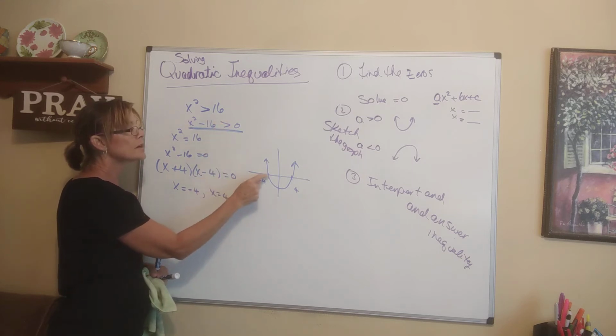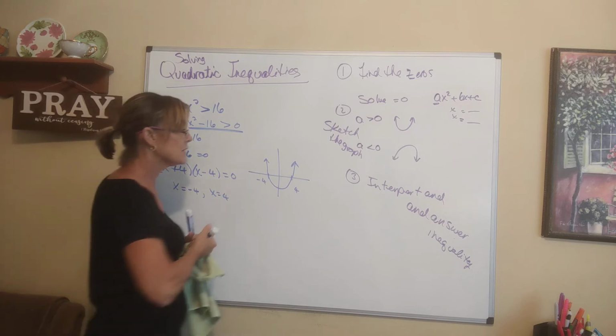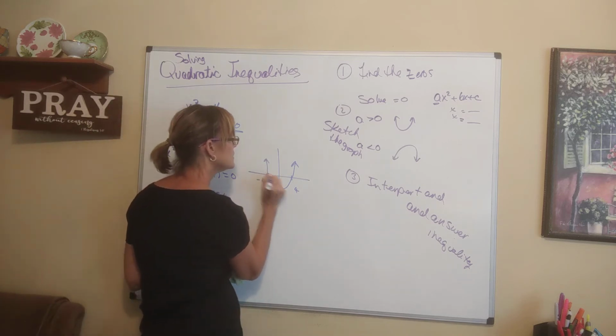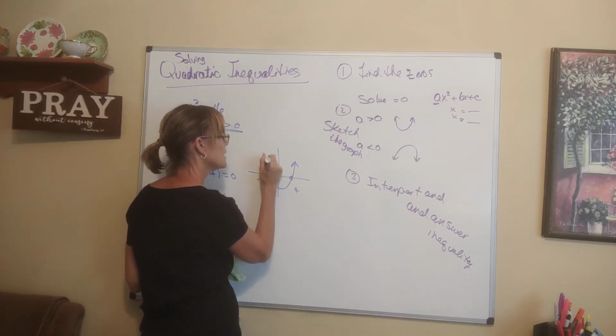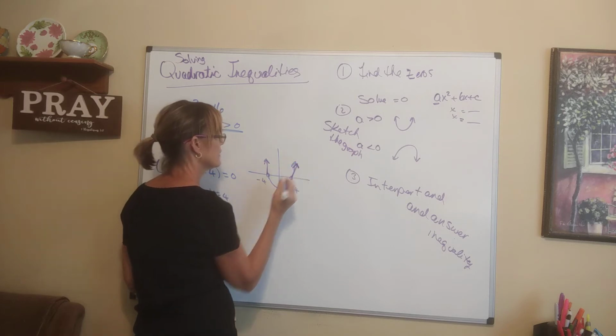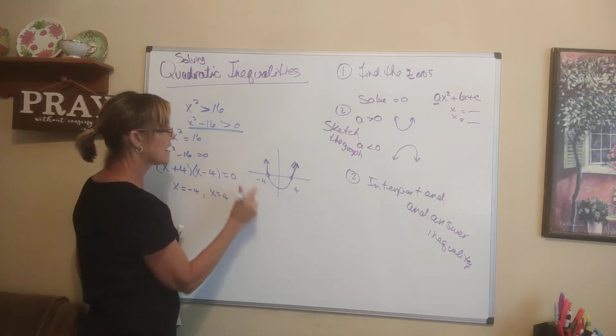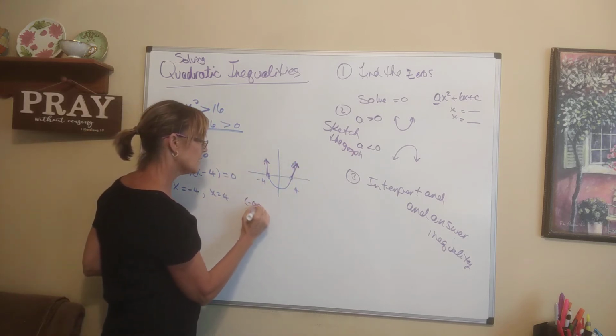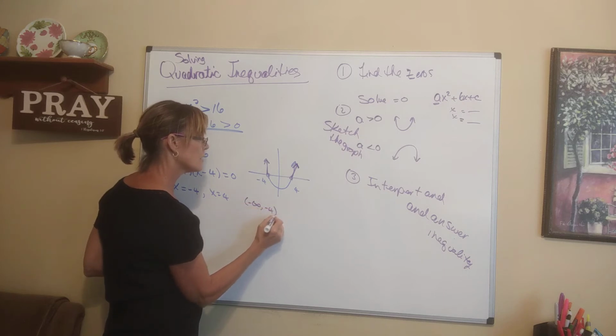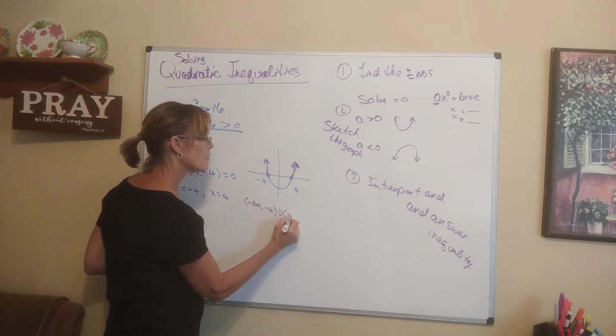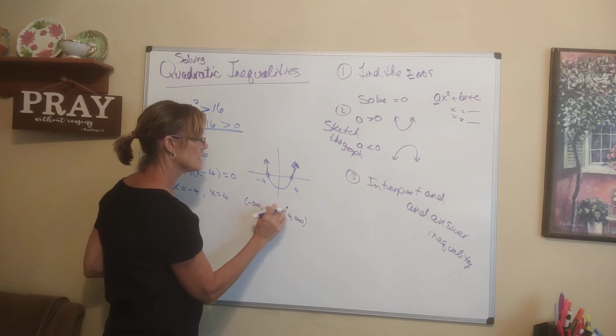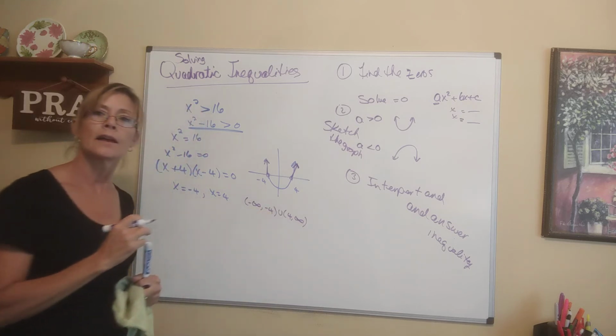Don't include where it's touching the x-axis. So that means right here we need open circles and we need to include where it is above. This is going to be from -infinity to -4, union it with 4 to infinity. That is what this is going to look like.